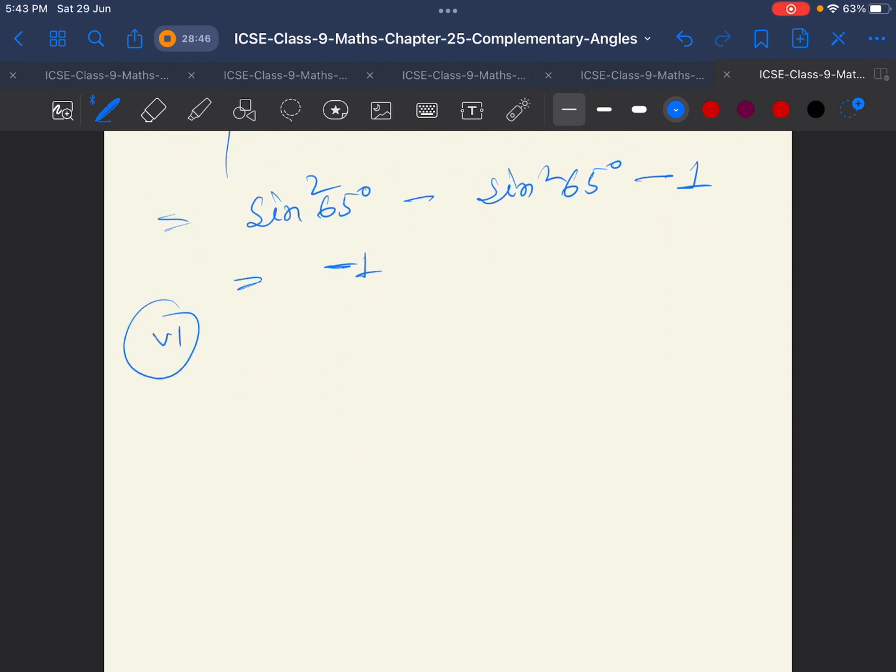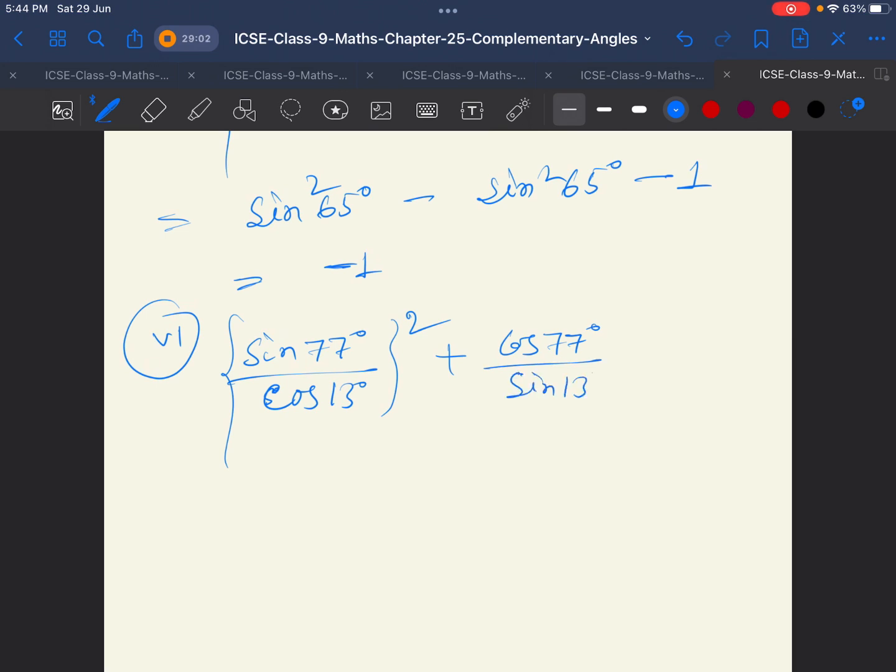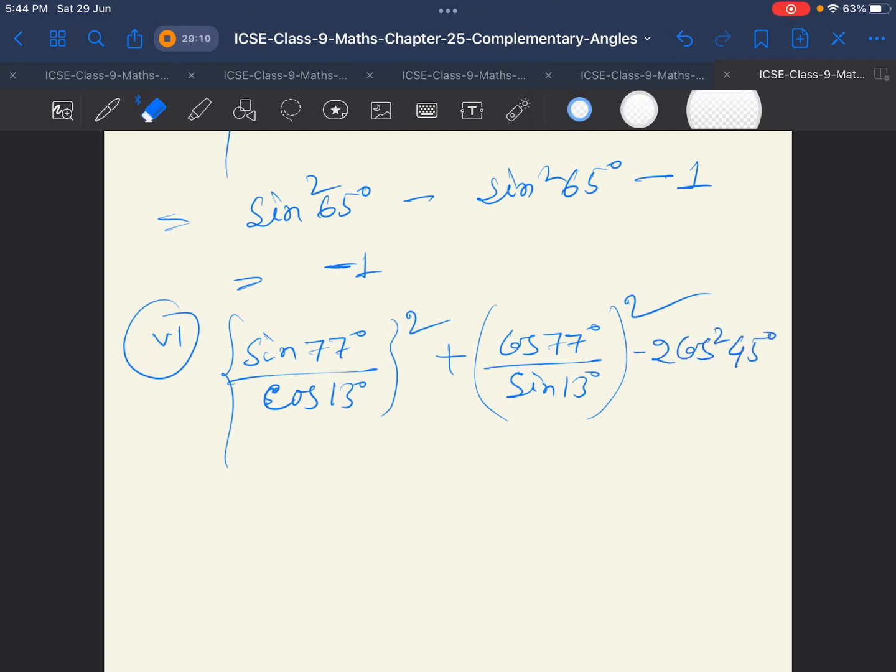Okay, so question number 6: (sin 77 degree by cos 13 degree) whole square plus (cos 77 degree by sin 13 degree) whole square, minus 2 cos square 45 degree.